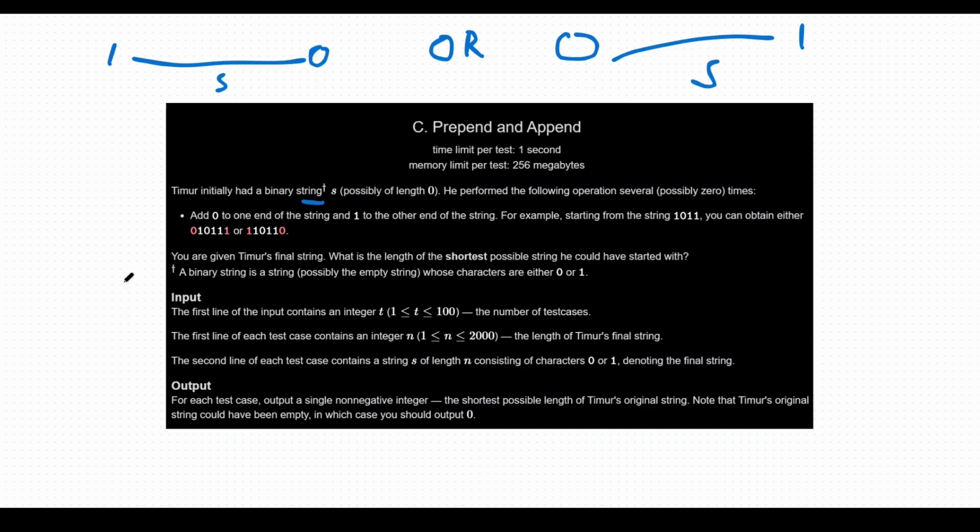Now we are given a final string. We don't have any initial string. I'll call the final string f of s, and we need to check how many operations Timur could have done from an initial string to create the final string.